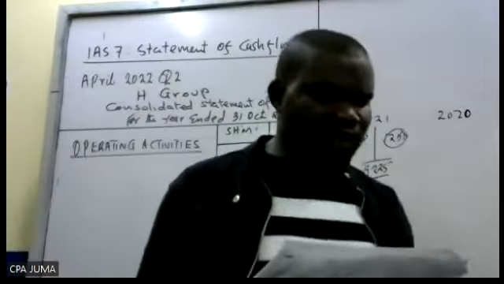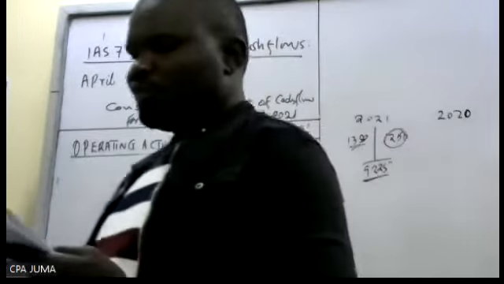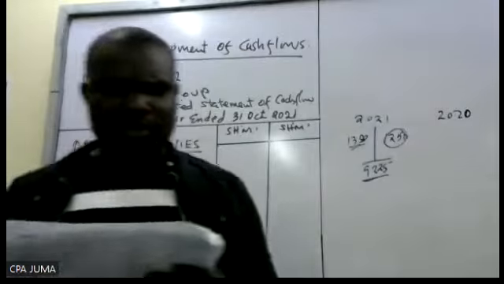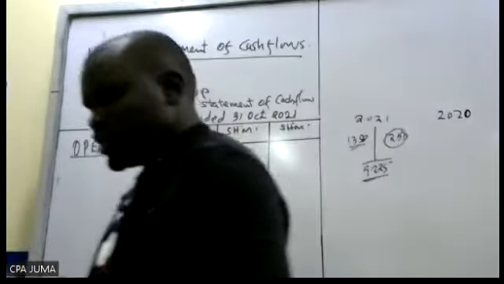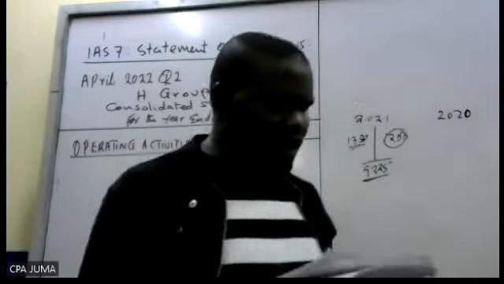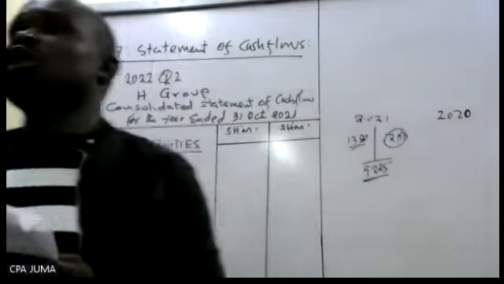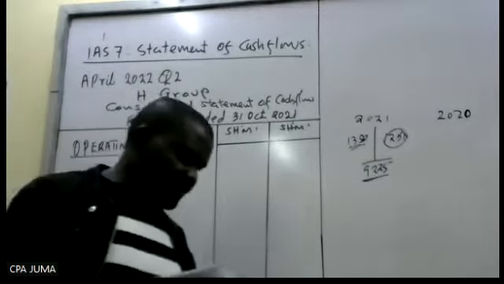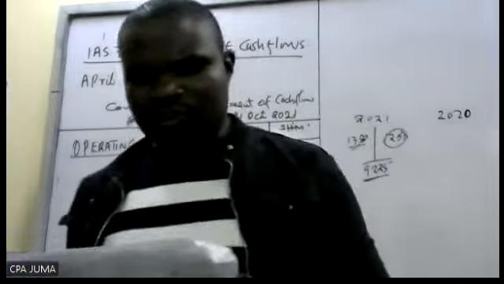The sales proceeds of financial assets were shillings 360 million. Profit on the sale of the financial assets is included in investment income in the financial statements. The profit for the year attributable to non-controlling interest amounted to 390. Required: a consolidated statement of cash flow for the year.